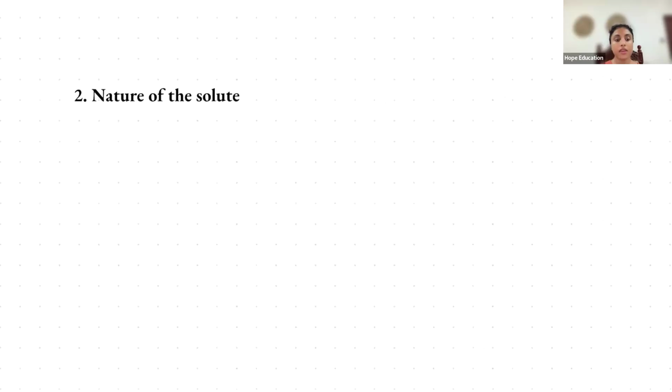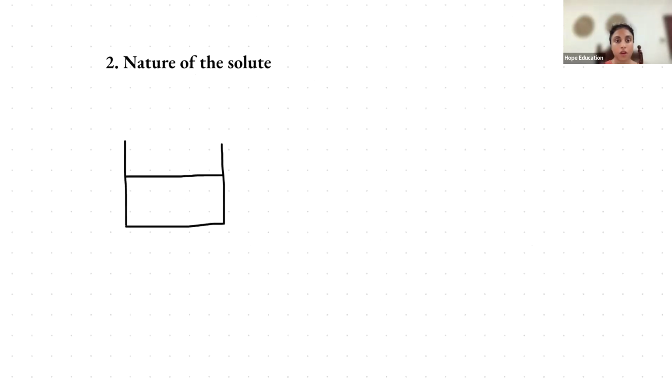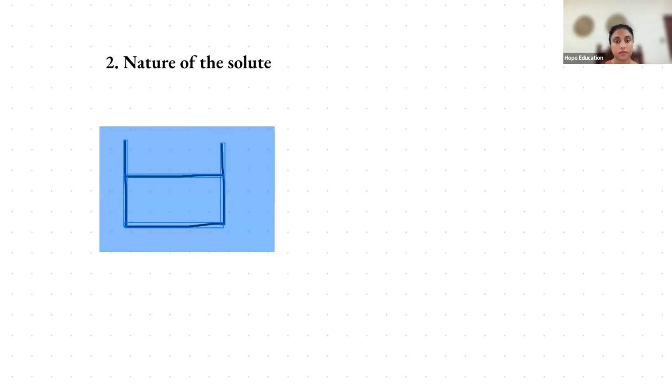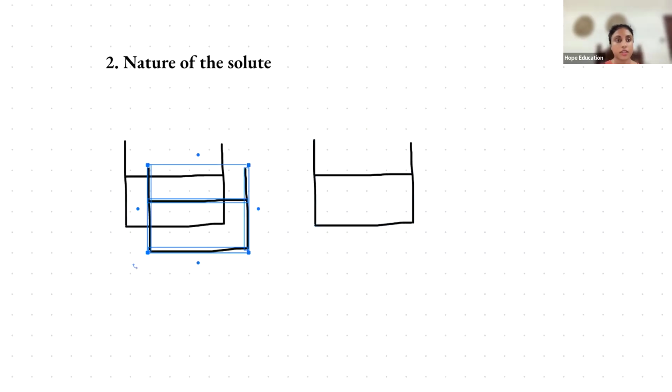We are going to take 3 beakers, just like in the previous one, where for temperature we took three and compared. So here too we take three and observe. We have 3 beakers like this, and all three contain water.